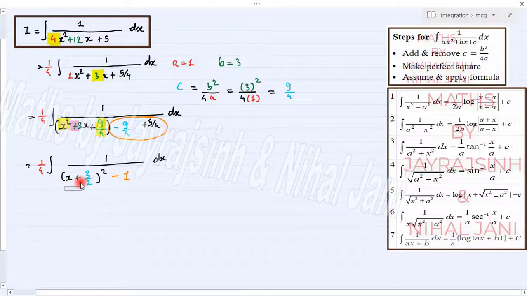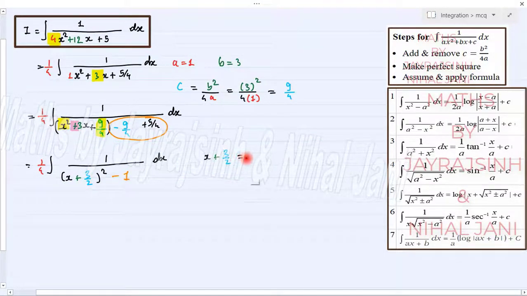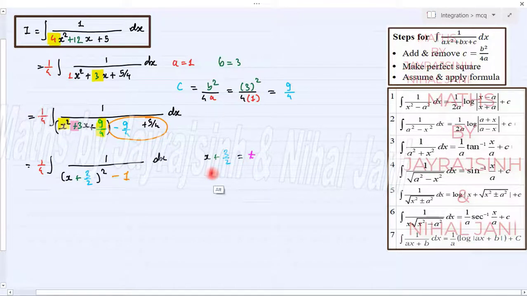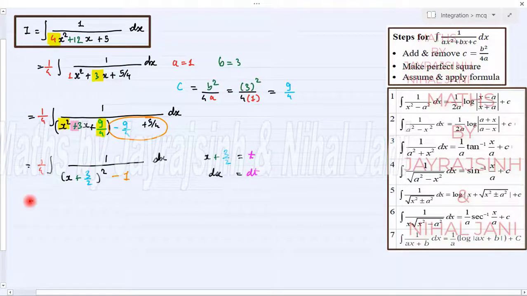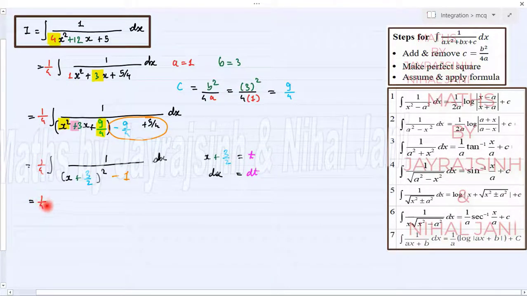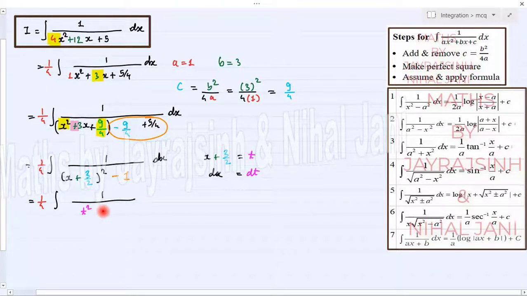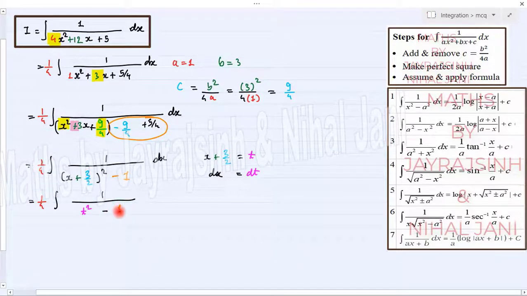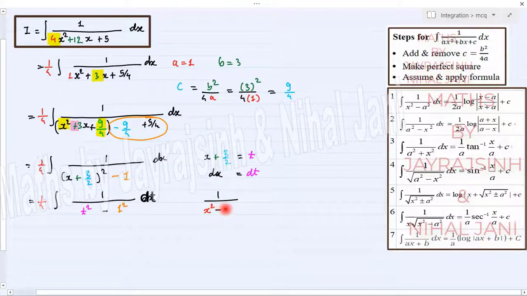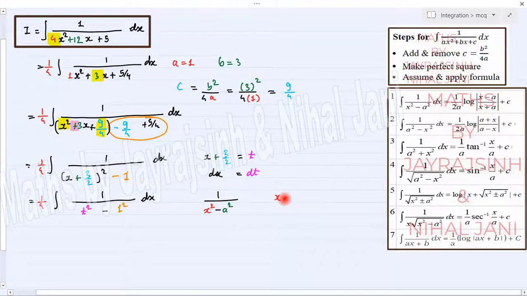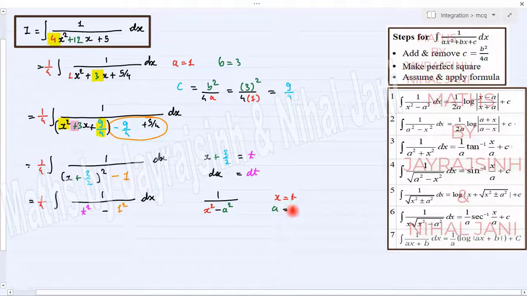To convert it to standard form, we have to assume this x plus 3 by 2 is equal to t. So here we'll get dx is equal to dt. So we can convert our integration into the form of t square minus 1 square, which is in the form of 1 upon x square minus a square, where x is t and a is 1.